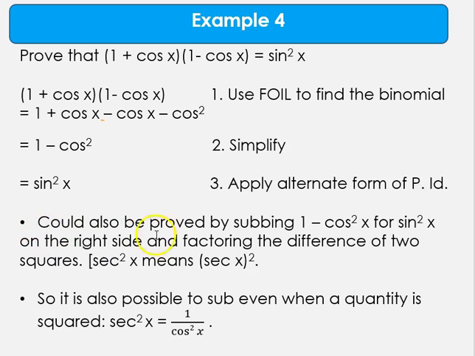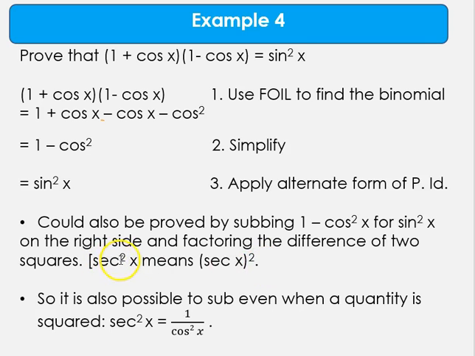So this could also be proved by subbing 1 minus cosine squared x for the sine 2x here right in the beginning. You would sub it on the right side, and you would factor the difference of two squares. So they're using this as an example.